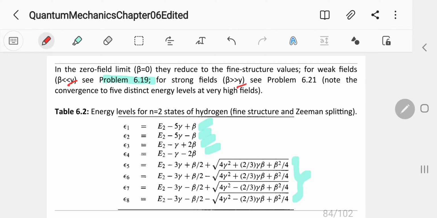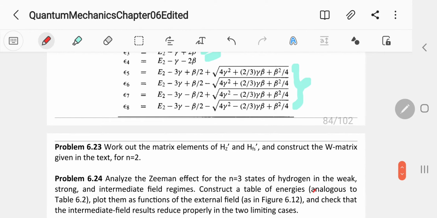So solving problem 6.19 would give you a result for weak fields, and problem 6.21 is for strong fields where beta is very much greater than gamma. So these are the 8 energy states for n=2 of the hydrogen. n equals 2 for the hydrogen electron.